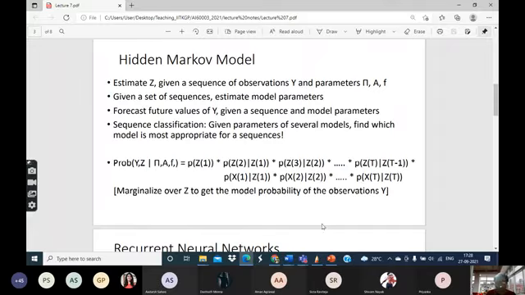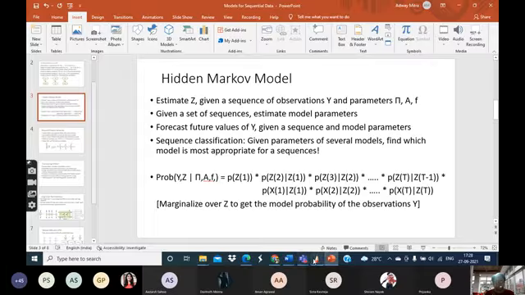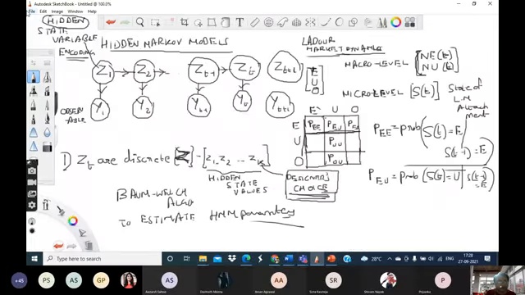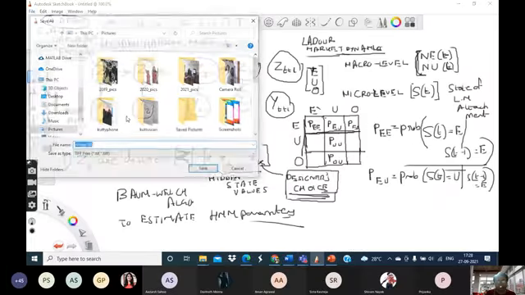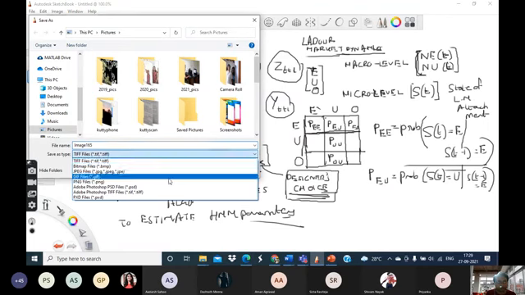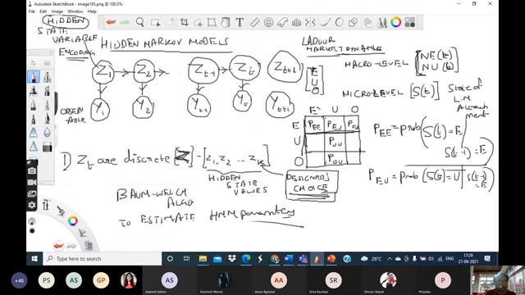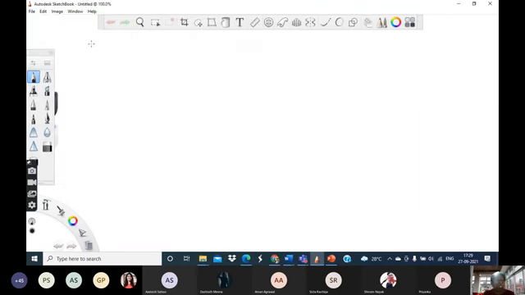So this way, for every sector you get a different set of model parameters. Say theta 1 are the model parameters; by theta 1 I mean pi 1, A1 and f1.